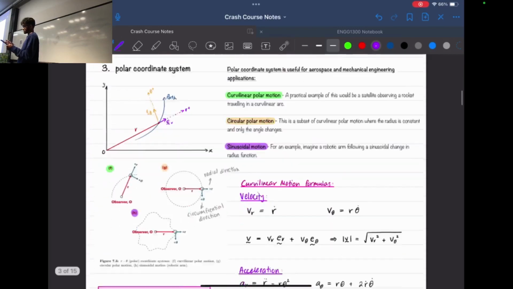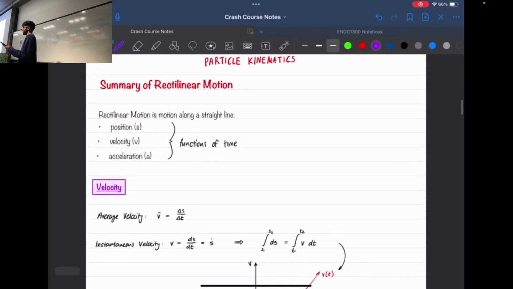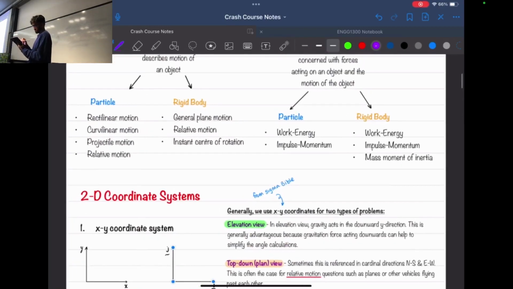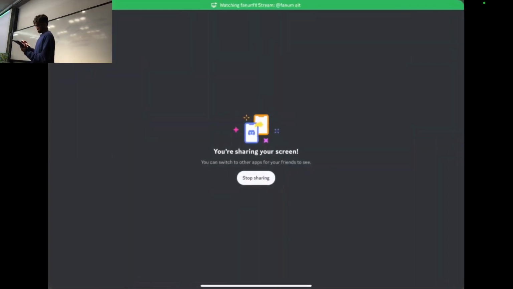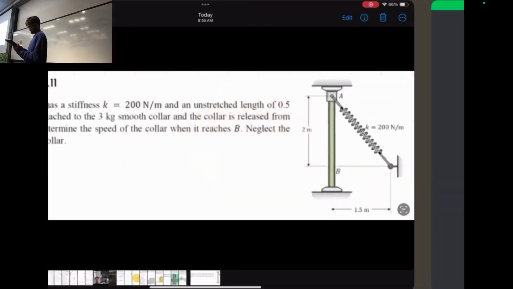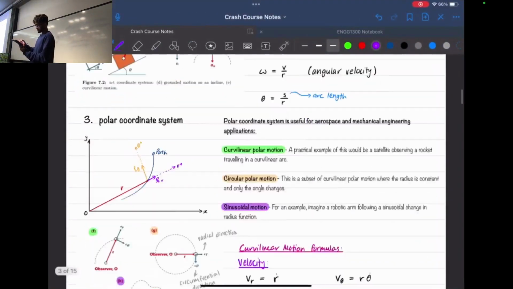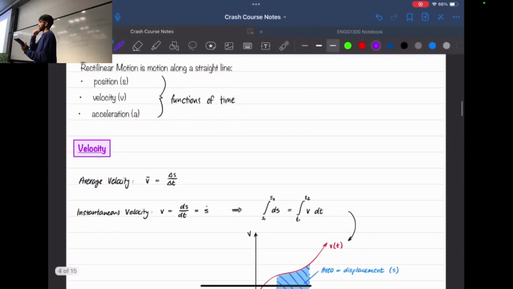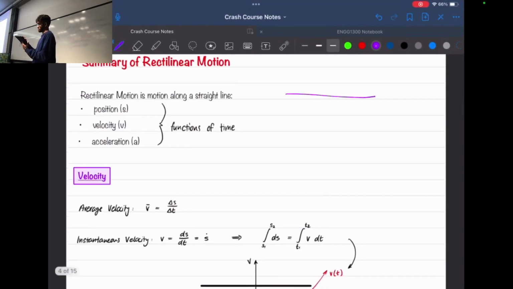Before I go through coordinate systems, I want to go through rectilinear motion. This is the first part of particle kinematics. Rectilinear motion is the motion along a straight line, so pretty much talking about 1D motion.